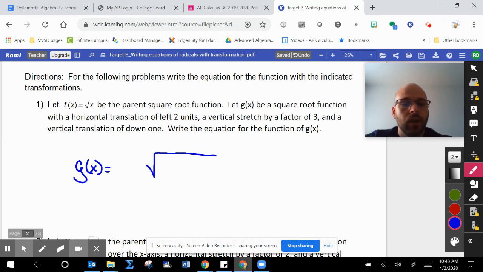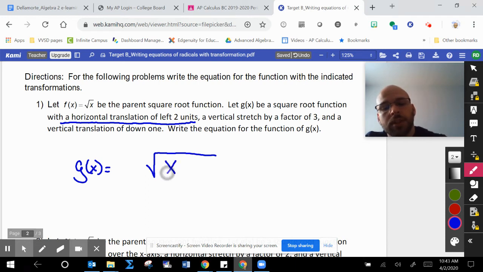The first one is a horizontal translation of left 2 units. So on the inside, I'm just going to say x plus 2. Again, remember inverse: for all the horizontal transformations, we have to use inverse operations.